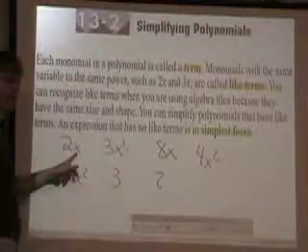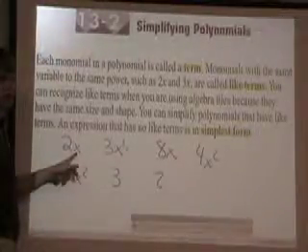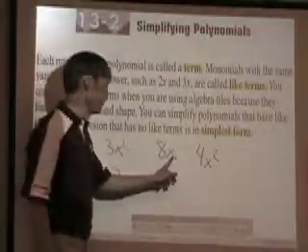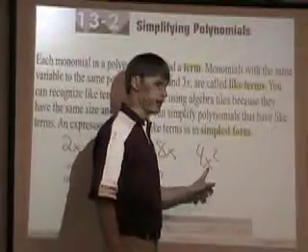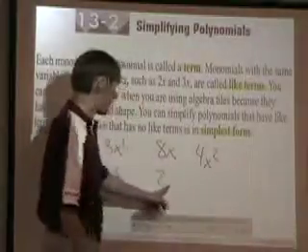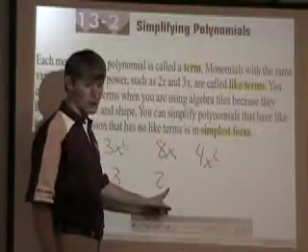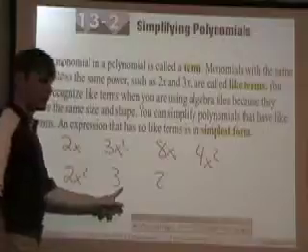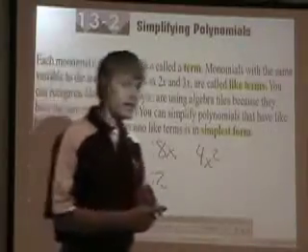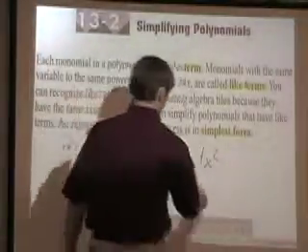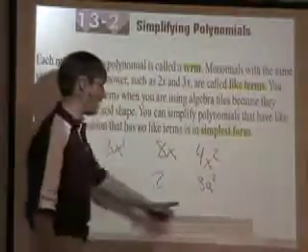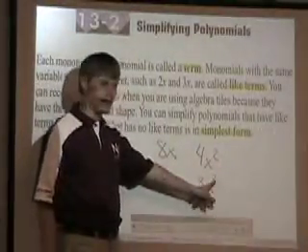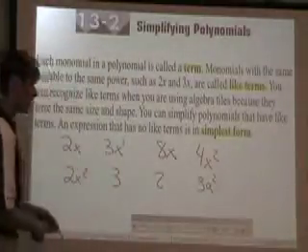X. What's the exponent? 1. What's the variable? X. What's the exponent? 2. What's the variable? There's not one. So the variable must be the same, and the exponent must be the same. What's the variable? What's the exponent? Squared.